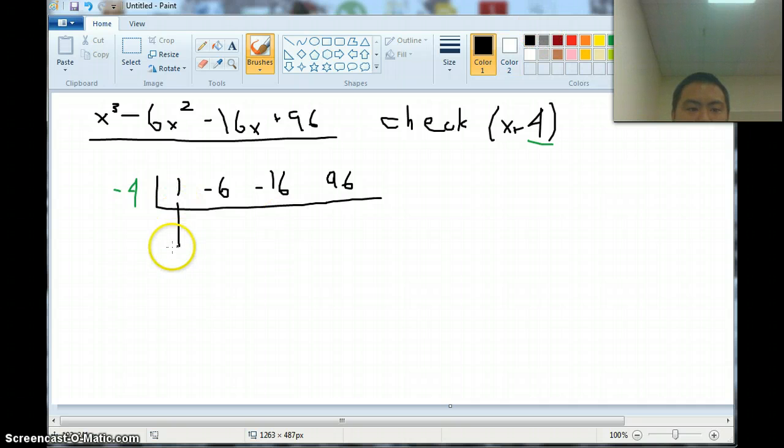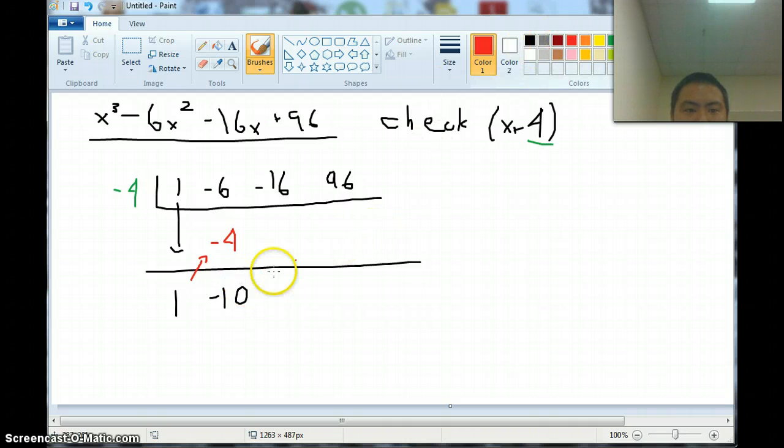This is going to drop down. I get 1. I have to bring it back up. 1 times negative 4 is negative 4. Comes back down. Negative 6 and negative 4 give me negative 10. Comes back up, that gives me positive 40. Add those two together, I should get 24.